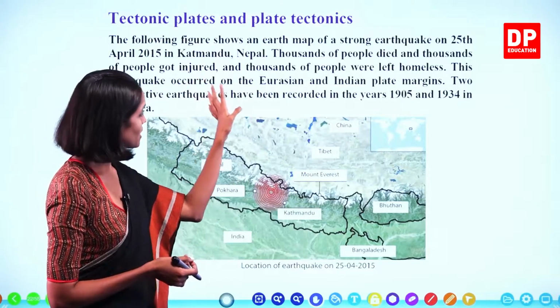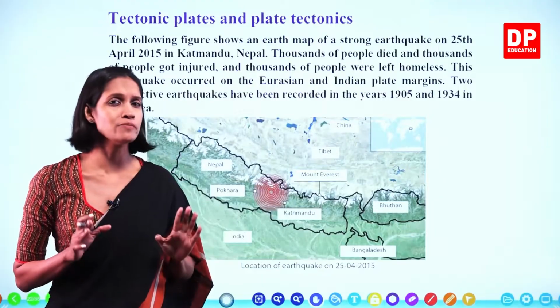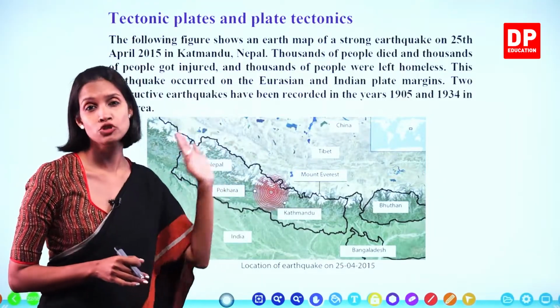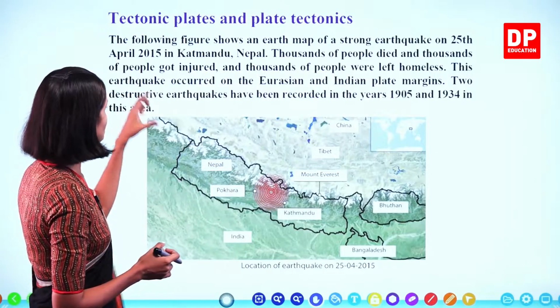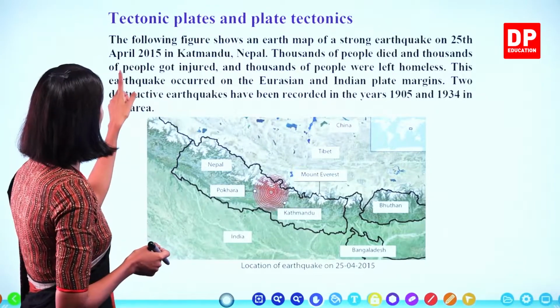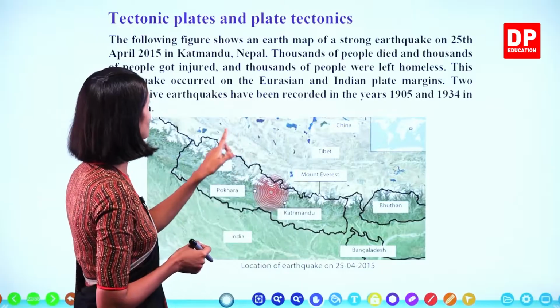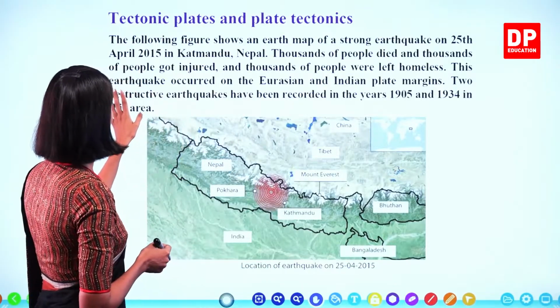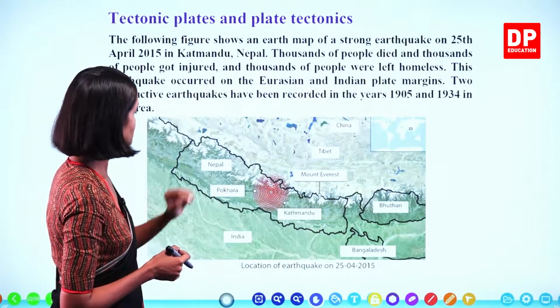Some of you might know what tectonic plates are, but for most of you, I am sure this is a totally new topic. Let's see what is here. Look, here's some information given on an earthquake, right? The following figure shows an earth map of a strong earthquake on 25th April 2015 in Kathmandu, Nepal.